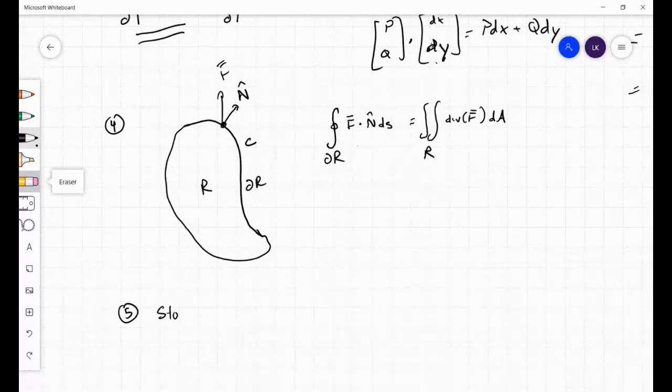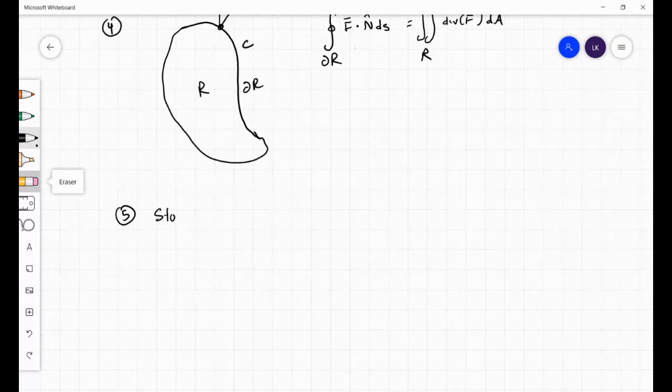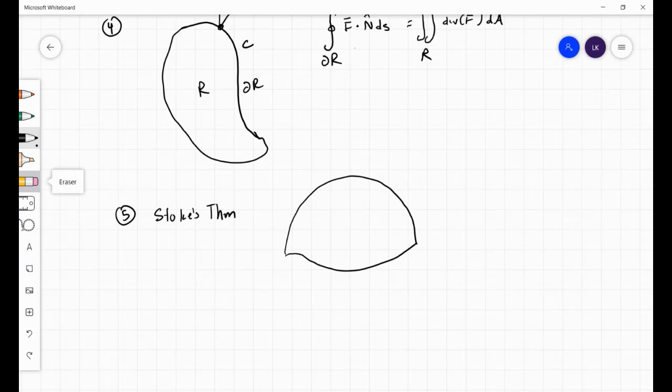So there's Stokes theorem. What that does is it takes some surface, so that's our surface S, and that surface has a bounding curve.